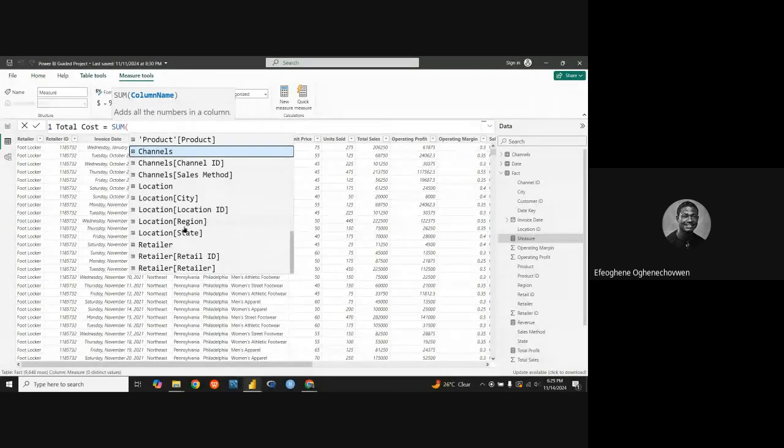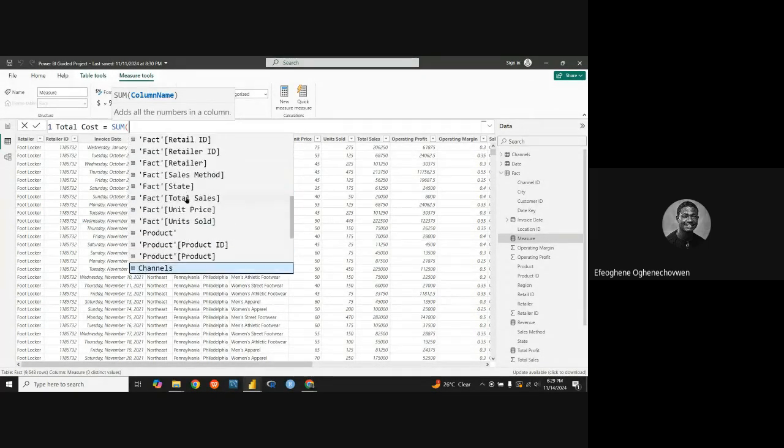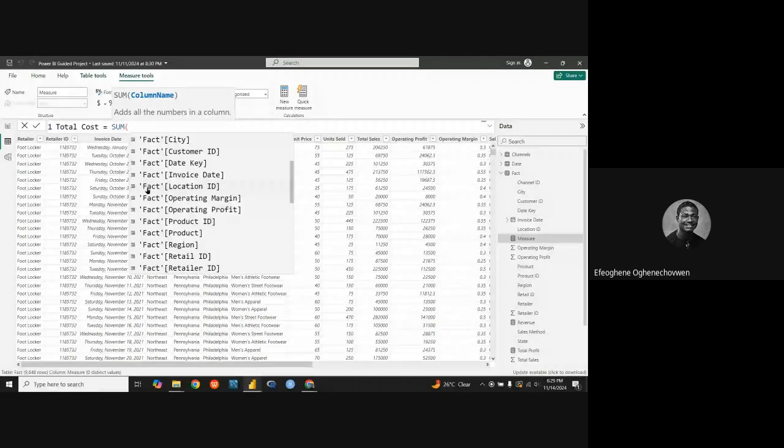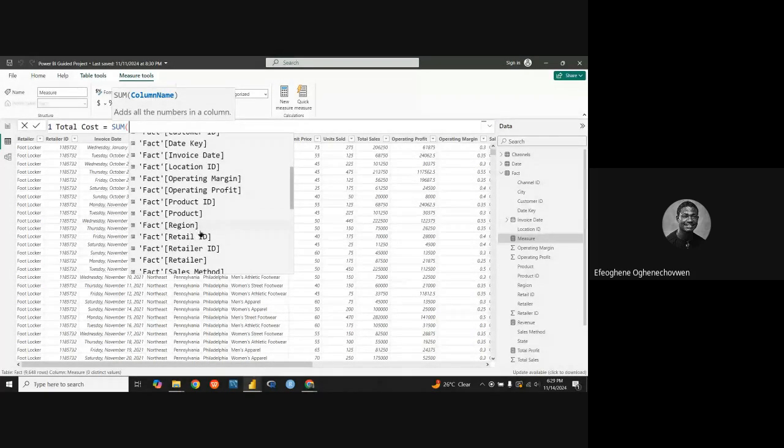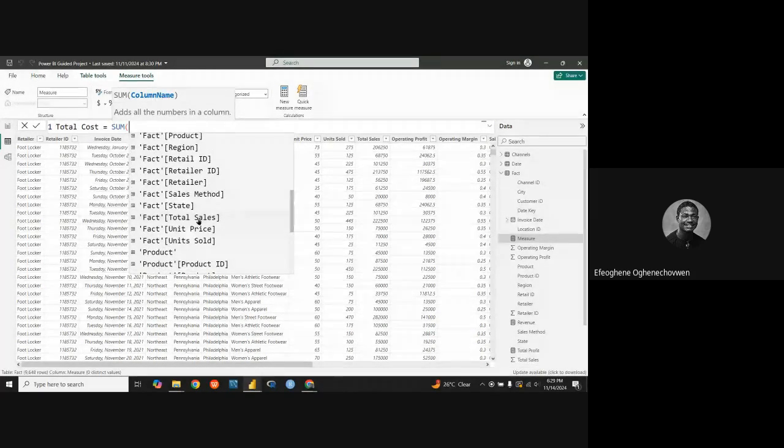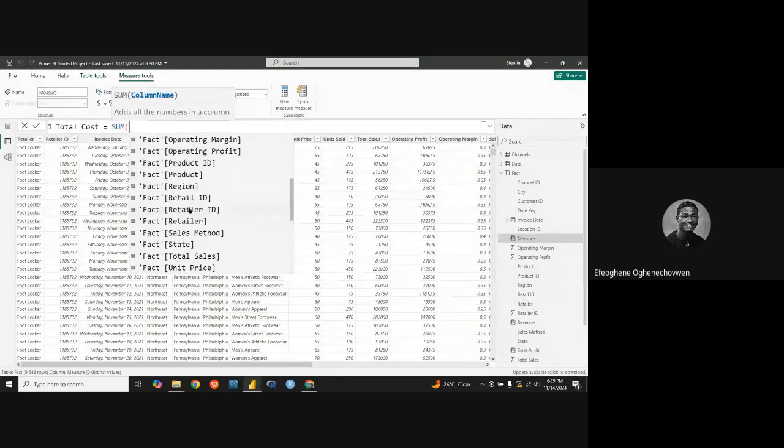We look for our measure here in the fact table. Our revenue. Where's my revenue?